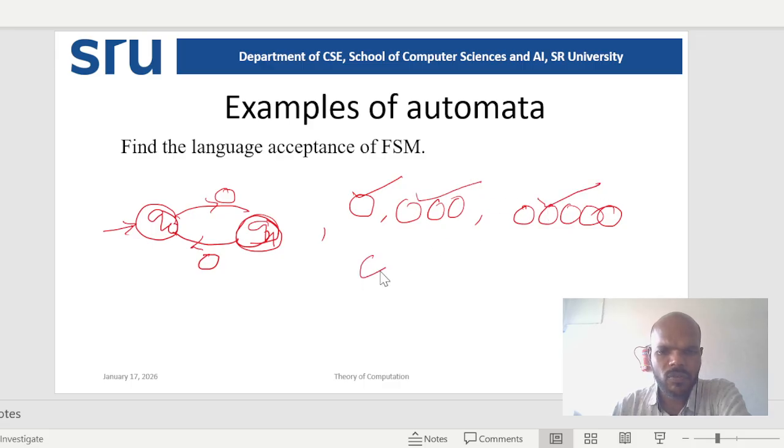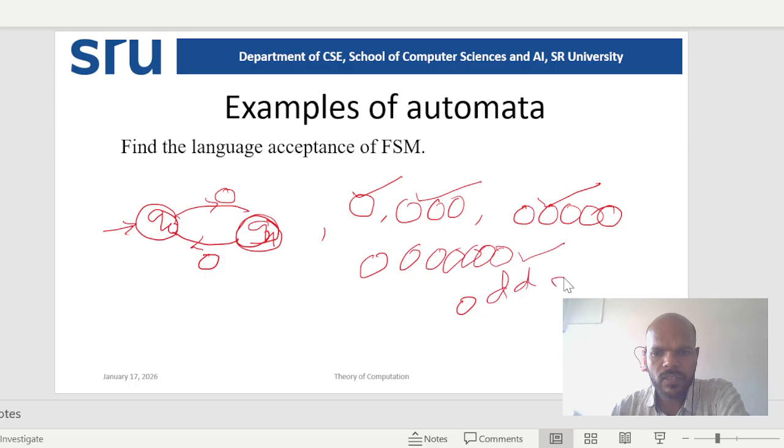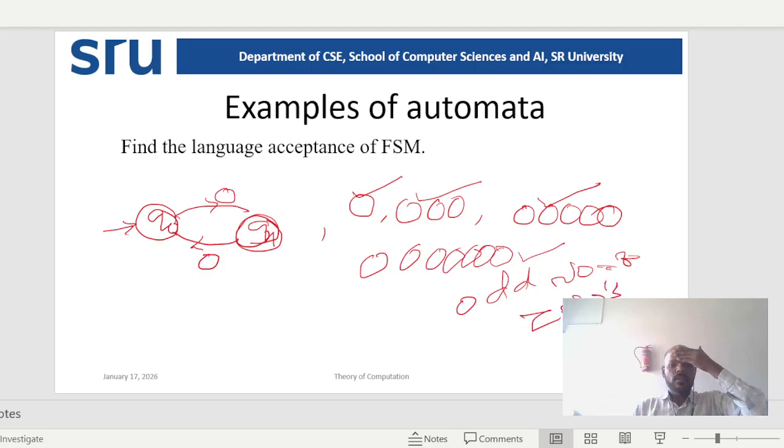Check one more: 6 is not accepting, 7 zeros are accepting. That means an odd number of zeros are accepting, right? So this is the language accepted.